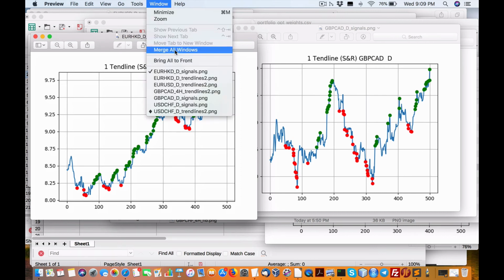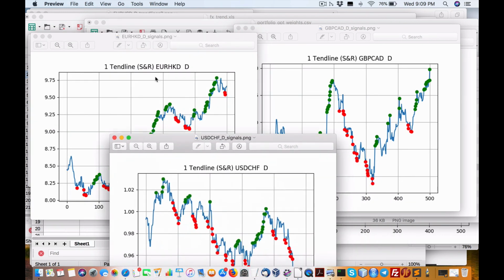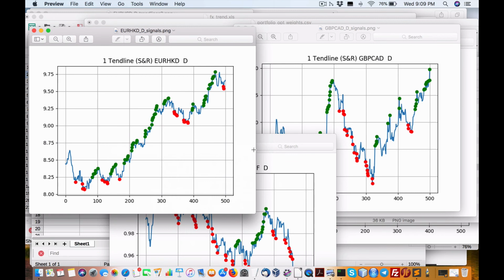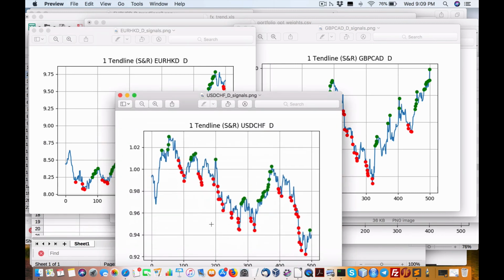And then if you wanted to take it to that extreme, which one was it? The US dollar and the Swiss franc. You can see in the US Swiss franc, you have a lot more sells than buys.